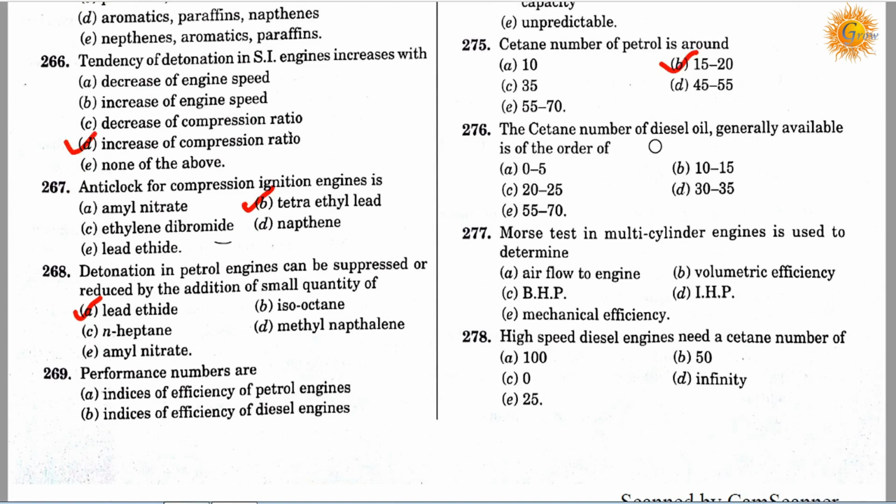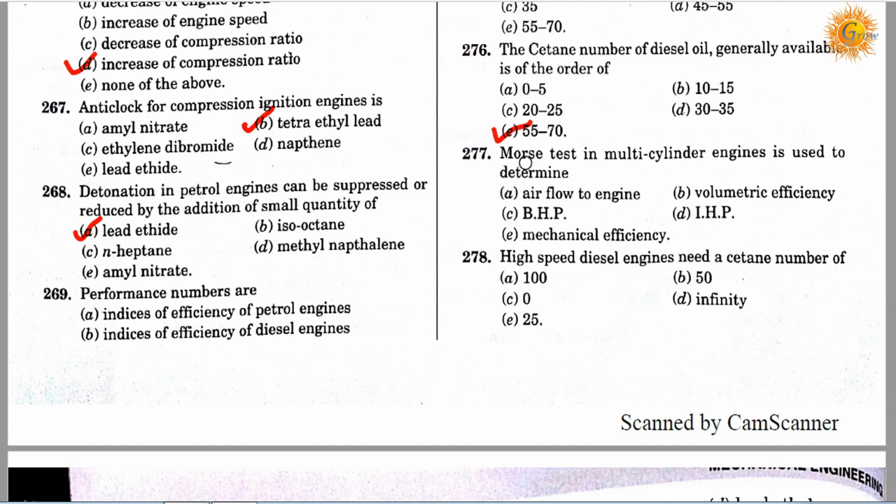The cetane number of diesel oil generally available is of the order of option A, 0 to 5, option B, 10 to 15, option C, 20 to 25, option D, 30 to 35, option E, 55 to 70. Correct answer will be 55 to 70.